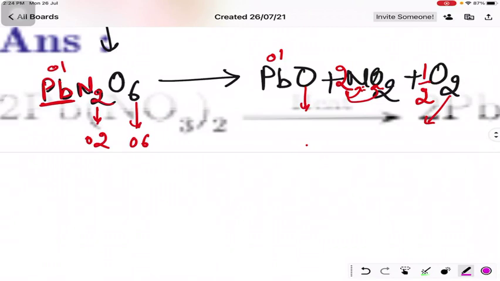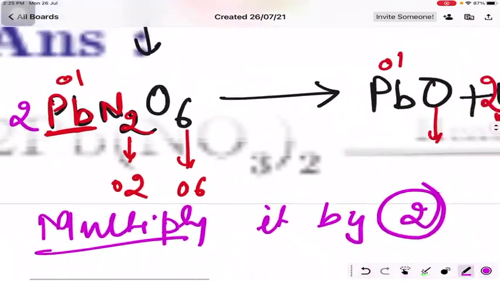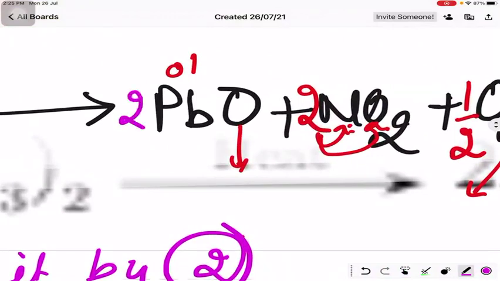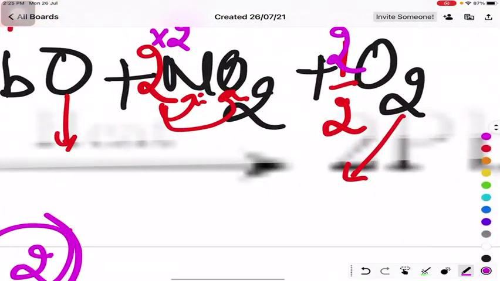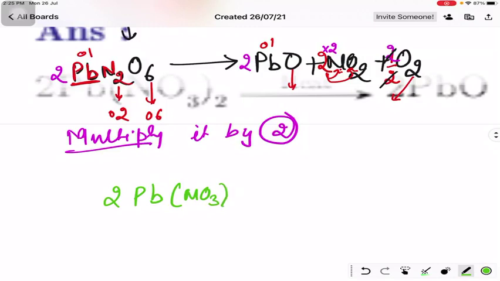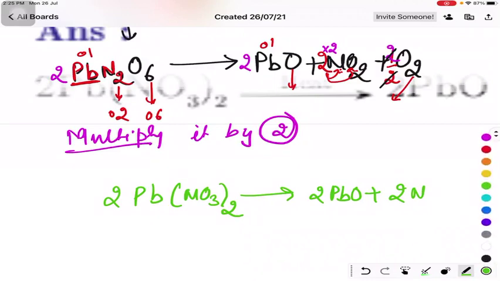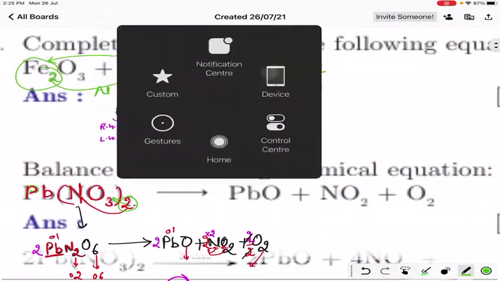Multiply this whole equation by 2, so we take 2 with each and every term, and 2 with oxygen also. So the 2 will cancel out. Finally you can write like this, 2Pb(NO3)2 gives 2PbO plus 4NO2 plus O2. Now it is balanced and it is containing whole numbers, stoichiometry only. That's all for the day. Thank you so much.